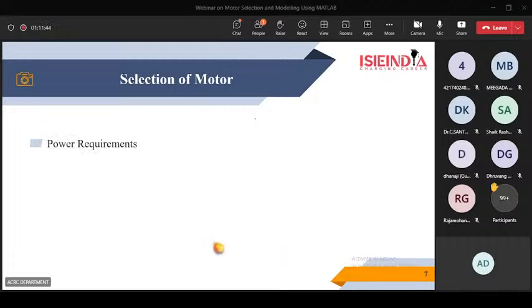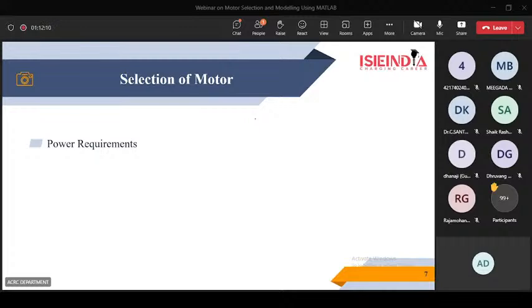First we take a vehicle, we define its weight, and also the different forces acting upon the vehicle. After that, we calculate the power requirement: this much torque is required to rotate this vehicle, and this much force is required to move this vehicle.